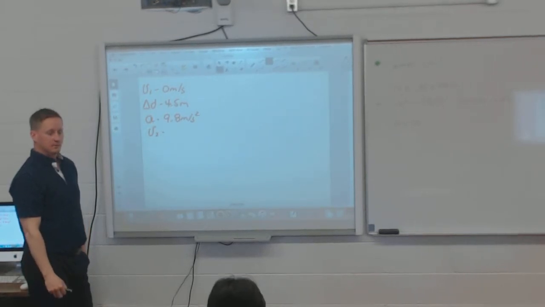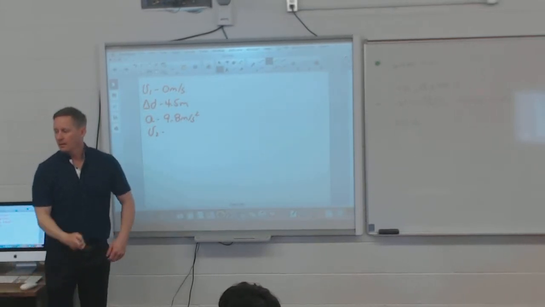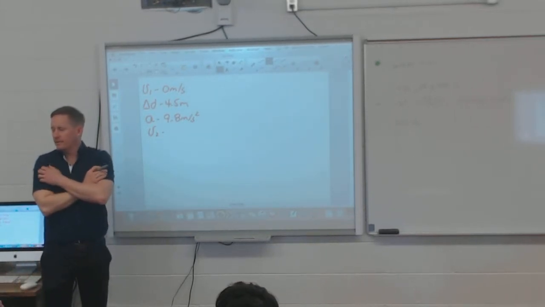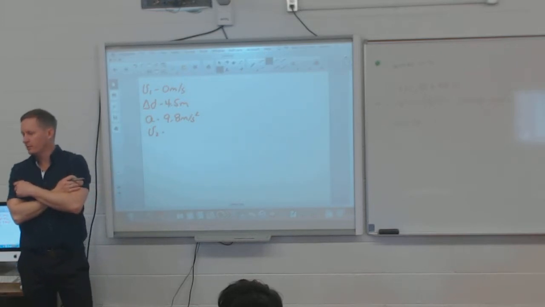Is the acceleration still 9.8 if the parachute's already open? You're misunderstanding the question. The question says that if you hit the ground using a parachute, it's the same impact velocity as if you were to jump 4.5 meters without anything. It says free fall for 4.5 meters.